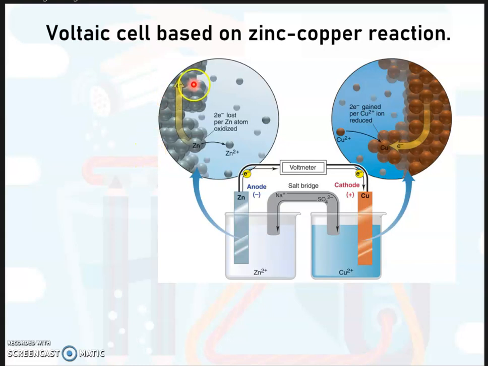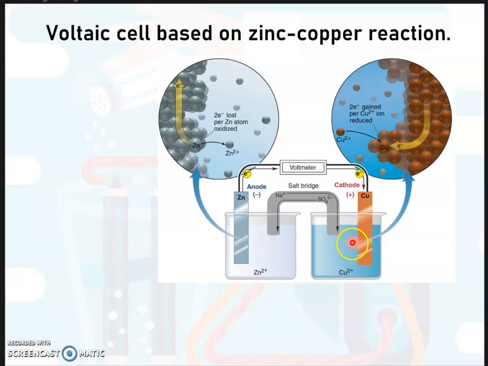Okay, so look at this voltaic cell of zinc and copper. This is zinc, this is copper. This is oxidation. Oxidation is losing electron. Zinc from the anode will lose the electron, become zinc 2 plus. So the electron lost will move to the cathode. And at the cathode, copper 2 plus will gain the electron.